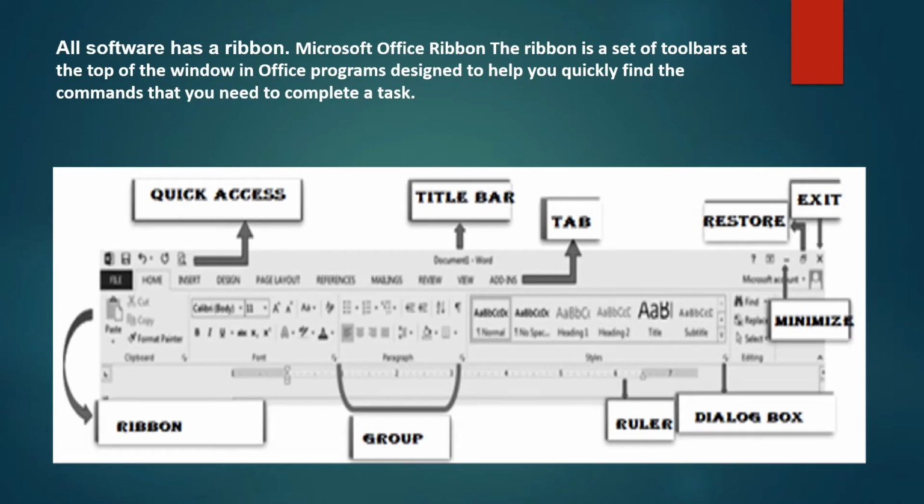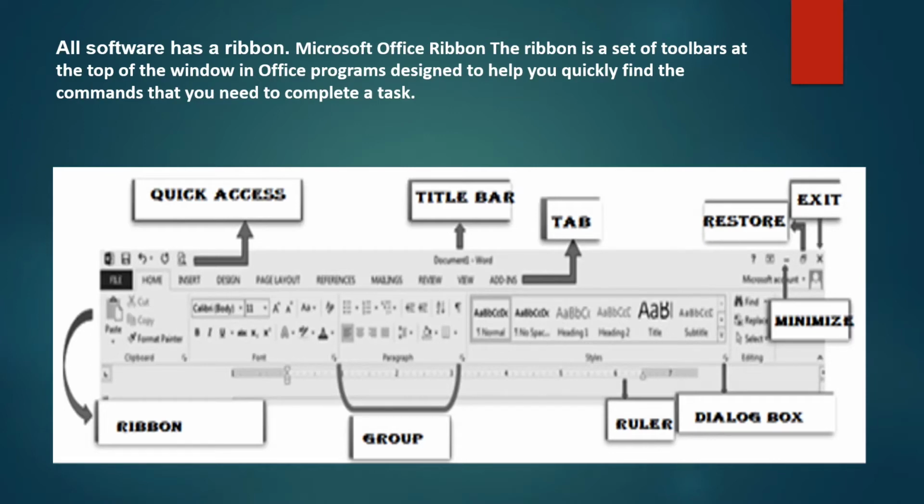So we have quick access, meaning all the tools that you need to access with the program are on the topmost left side of the screen. The title bar will tell you what kind of application you are using right now. The tabs are the different menus to access the other tools.